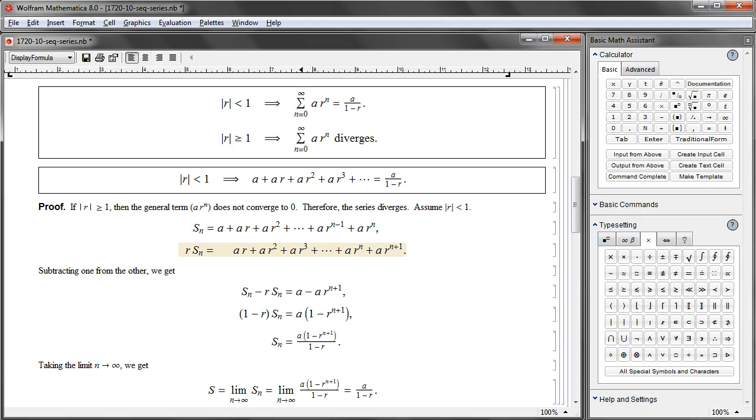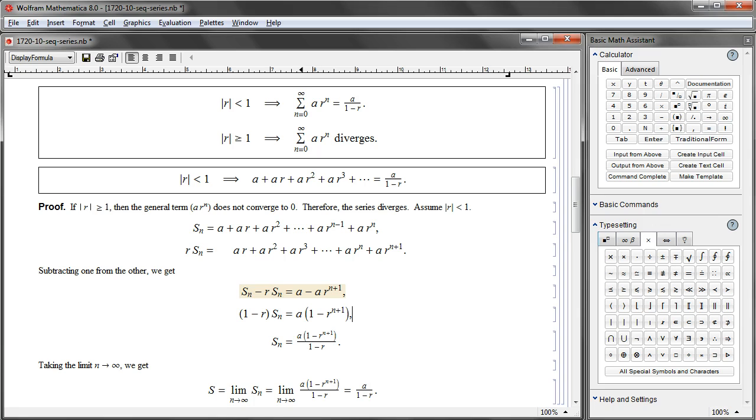Next, we subtract one from the other. What do you get? The ar squared through ar to the nth power, the middle part, they all cancel out. And then we have the first and last term: a, the first term, minus ar to the n plus first power. Next, just algebraic manipulation.